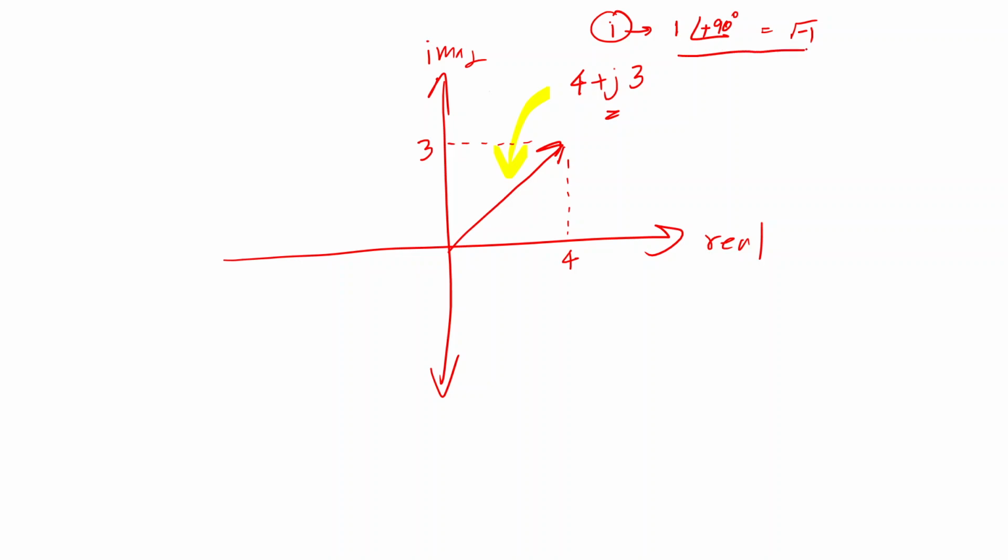In this case, this is I. If I multiply 4 with J, it becomes J4. It means from 4, and then multiply by 1.